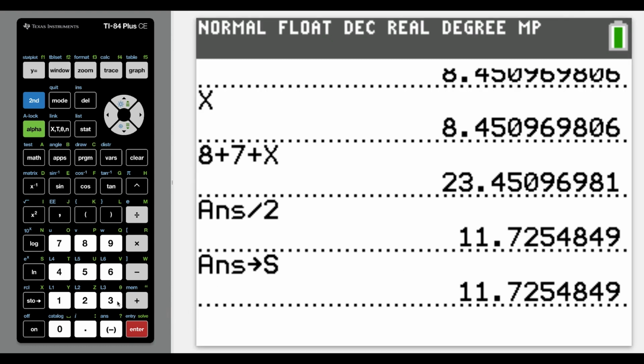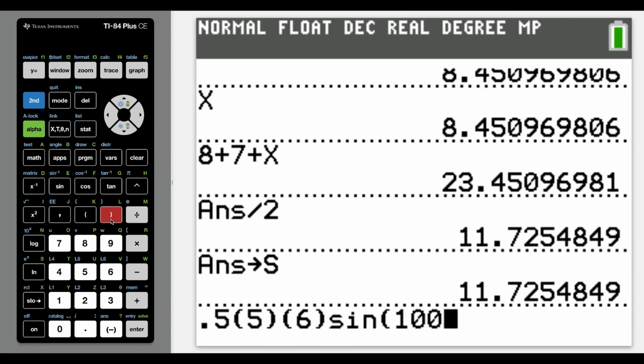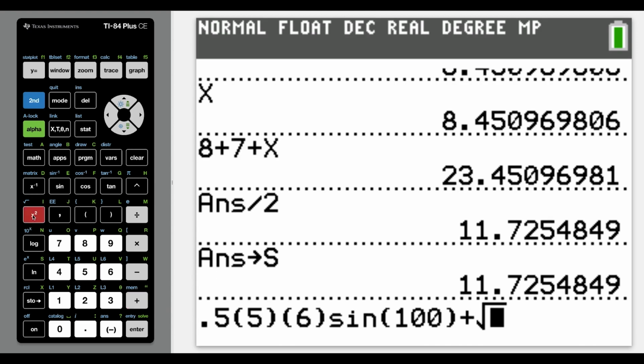The area of the first triangle we said was 1/2, and we had 5 times 6, and it was sine of the 100-degree angle. But now for the second triangle, we're using Heron's formula, so we have the square root of, and remember the calculator stored s as the semi-perimeter of the second triangle, so we have s times s minus 8. It doesn't matter in any particular order which sides we use. That was the side length of one of the sides.